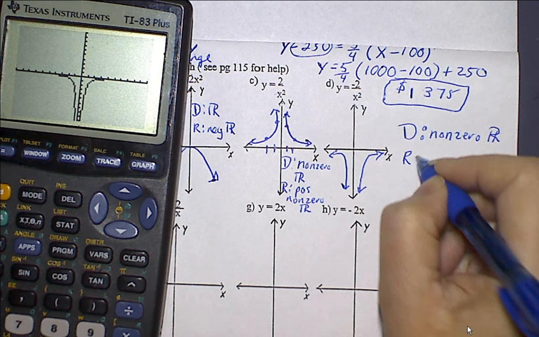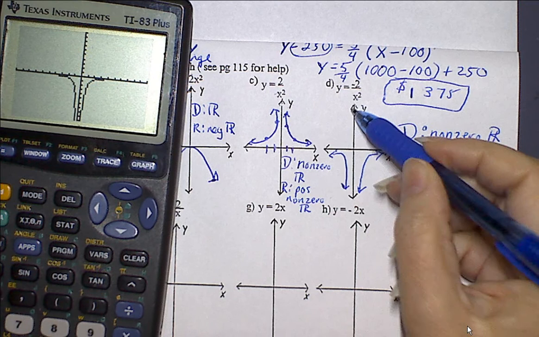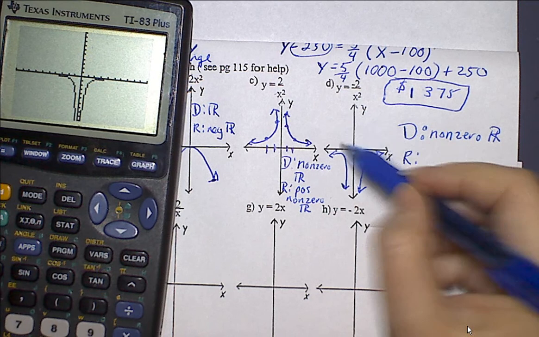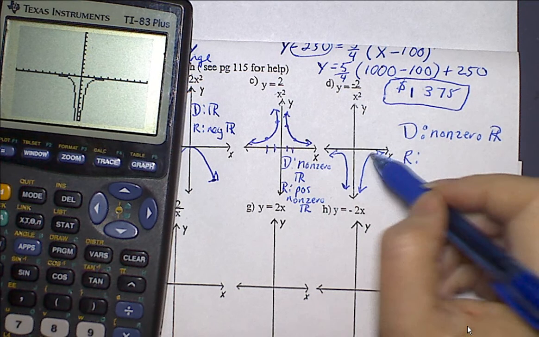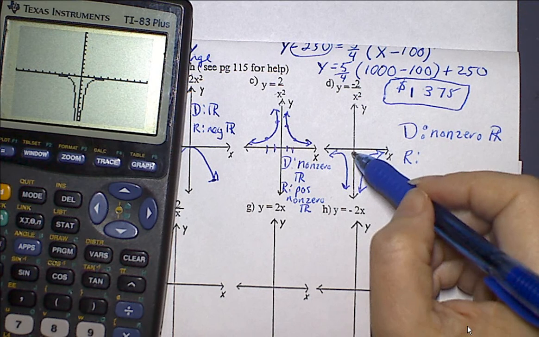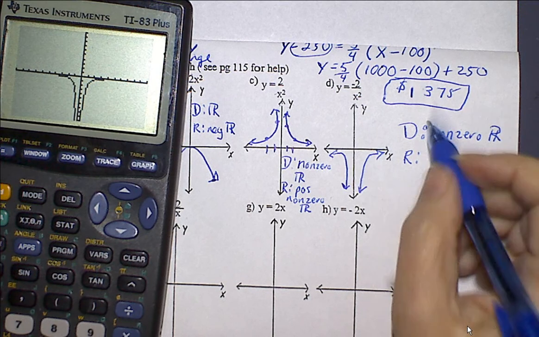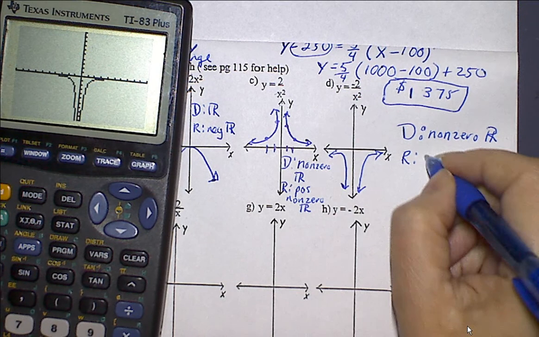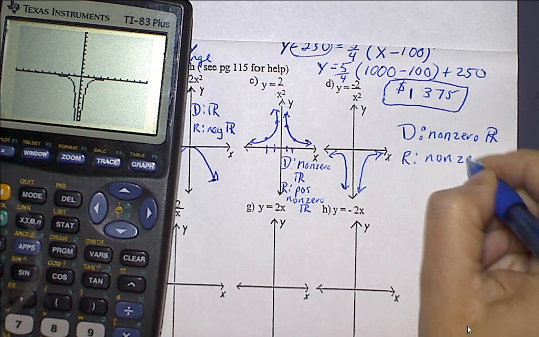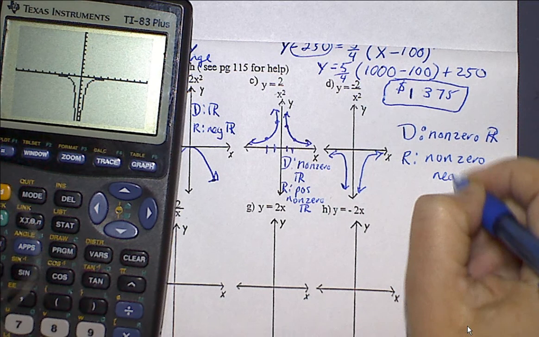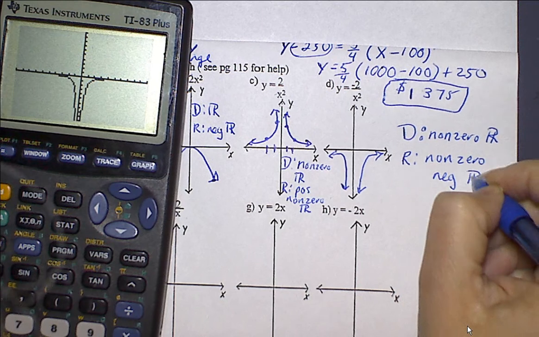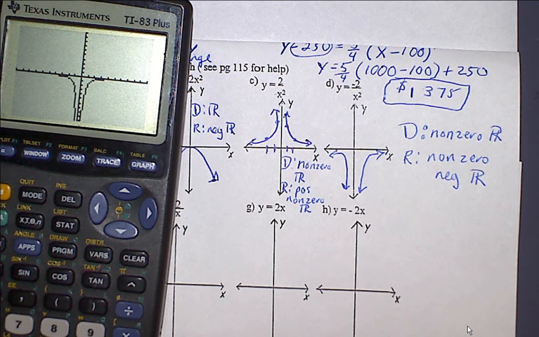Your range, what is your y values? Do I have anything up here? No. So that means my y values are negative, but I never get y equals 0. So that means it's non-zero negative reals.